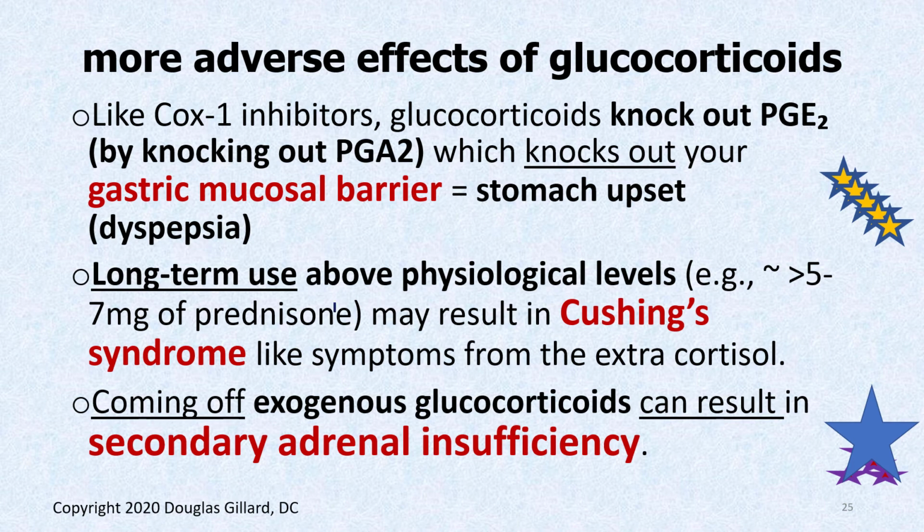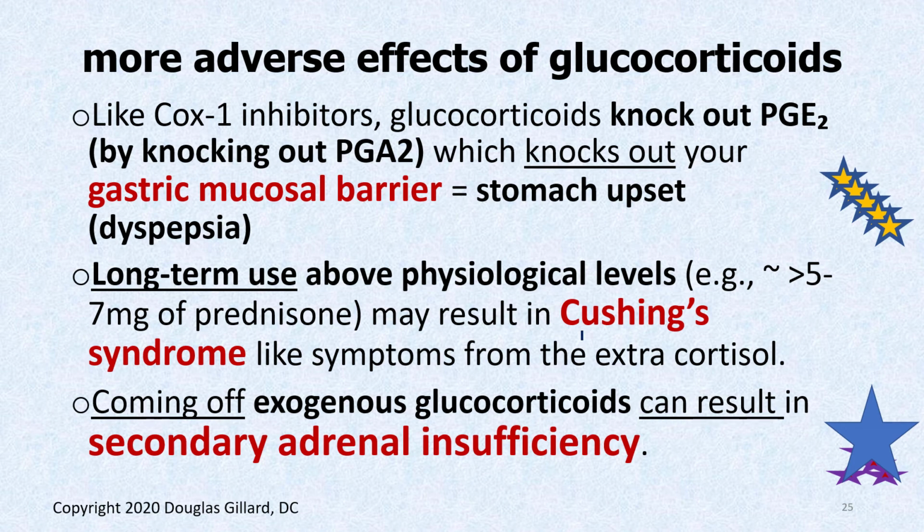So if you use glucocorticoids for rheumatoid arthritis or whatever above physiological levels, so 7 milligrams, some people 5, but some people are up at 20, 30, 40 milligrams of this stuff. If you use anything above physiological levels, you can start getting the effects of having too much cortisol around all the time. And that results in something called Cushing's syndrome.